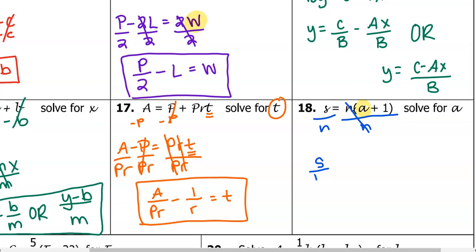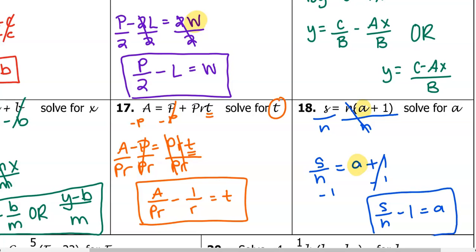So we have s over n equals a plus 1. It's an s, yeah, it's a cursive s. So what is our last step this time? Subtract 1. And again, s over n minus 1.